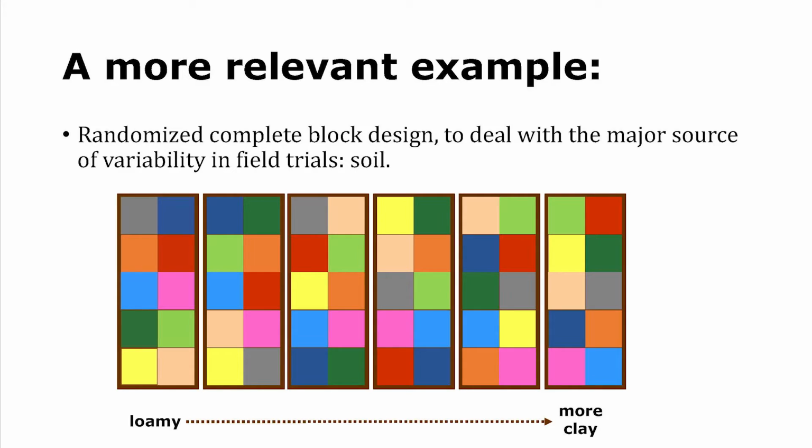So as you can see here, it's no longer nicely balanced around 0. So we're consistently underestimating the effect in the replicate 6, which is the block 6, and then we're consistently overestimating the effect in replicate 1. So, I'm sorry, other way around.